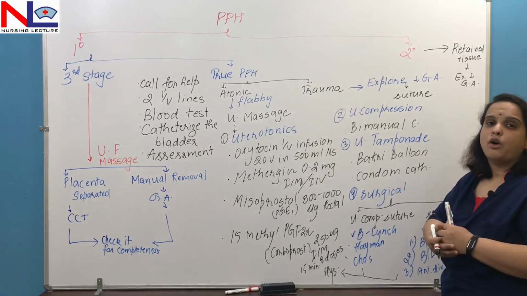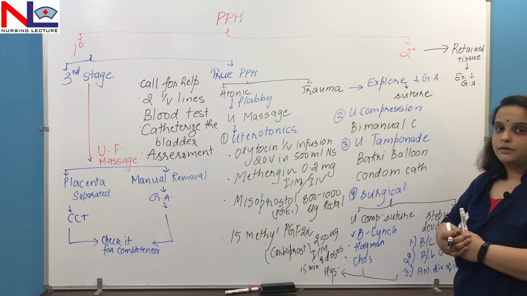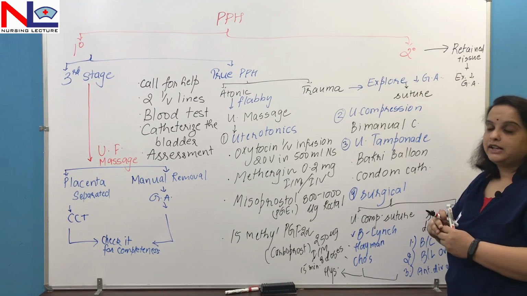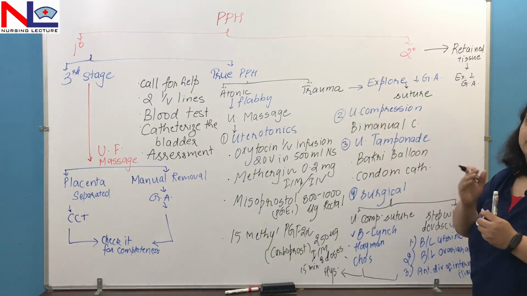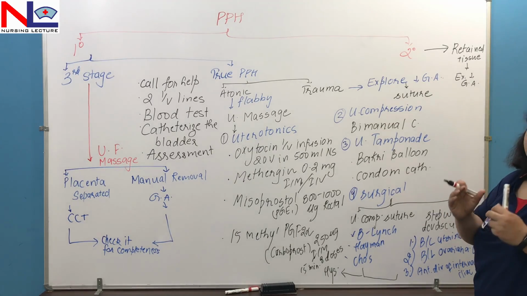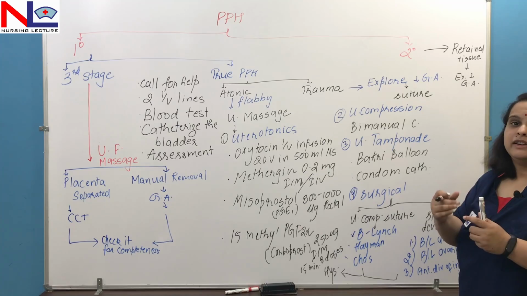We will pick up all these retained tissues with a forceps or any curette. By exploring the whole uterine cavity under general anesthesia or deep sedation, we will remove all the retained tissue.